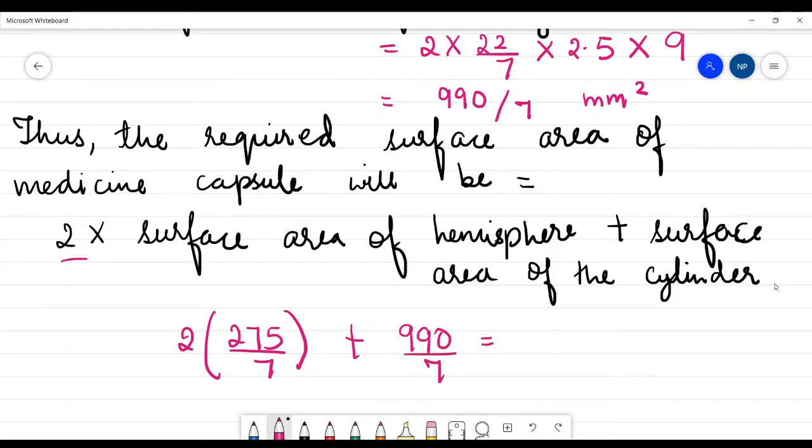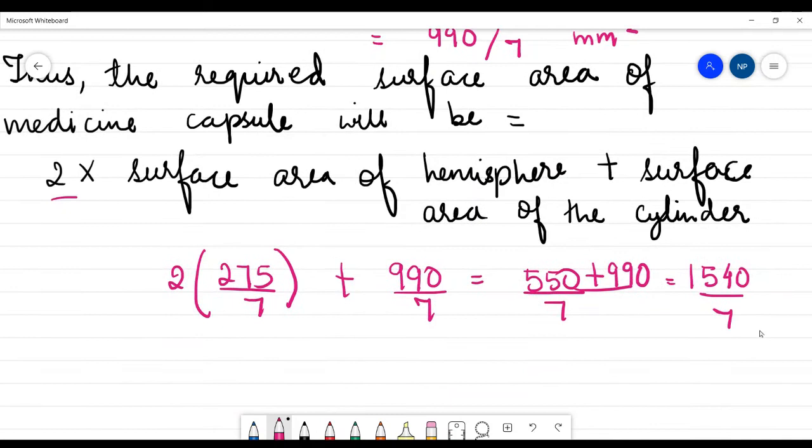So from here this will be 550 upon 7. Taking the denominator common, we get 990 upon 7. This gives us 1540 upon 7. So after division, what are we left with? We are left with 220 millimeter square.